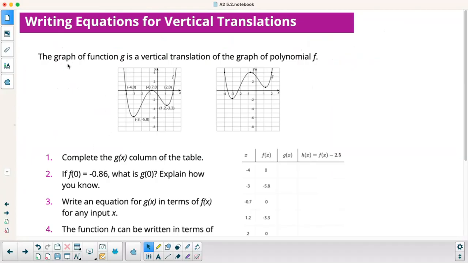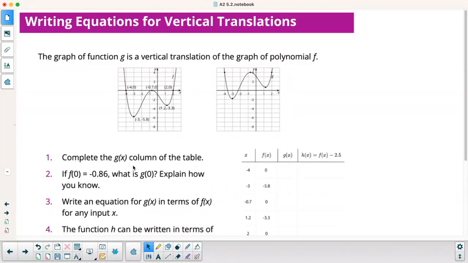All right, so graph of function g is a vertical translation of the graph of polynomial f. So here's g, here's f. Okay, so it looks like they're the same graph. It just looks like it's translated up.